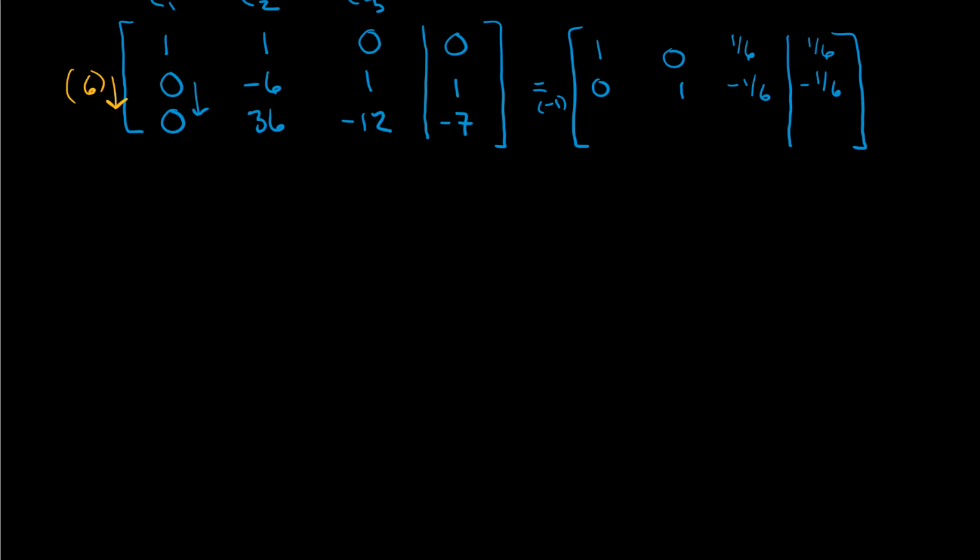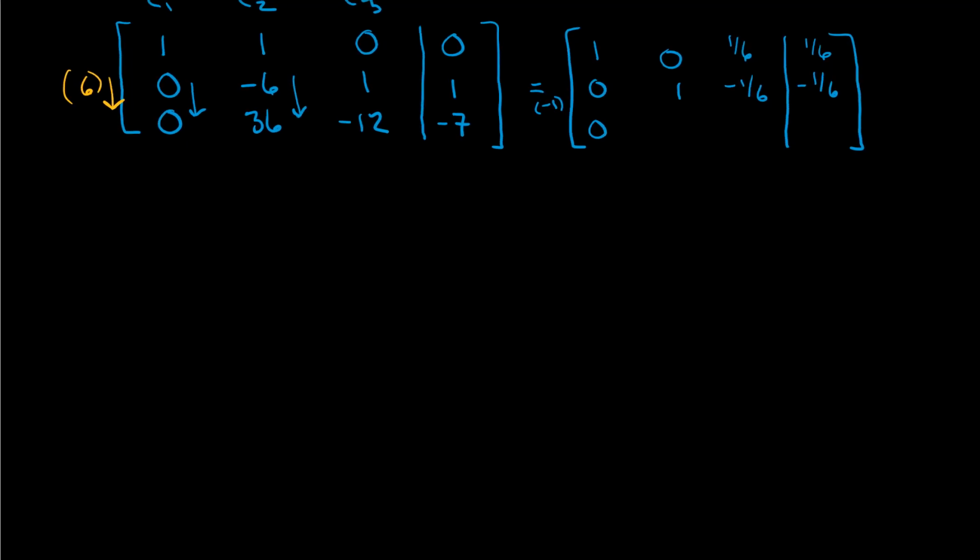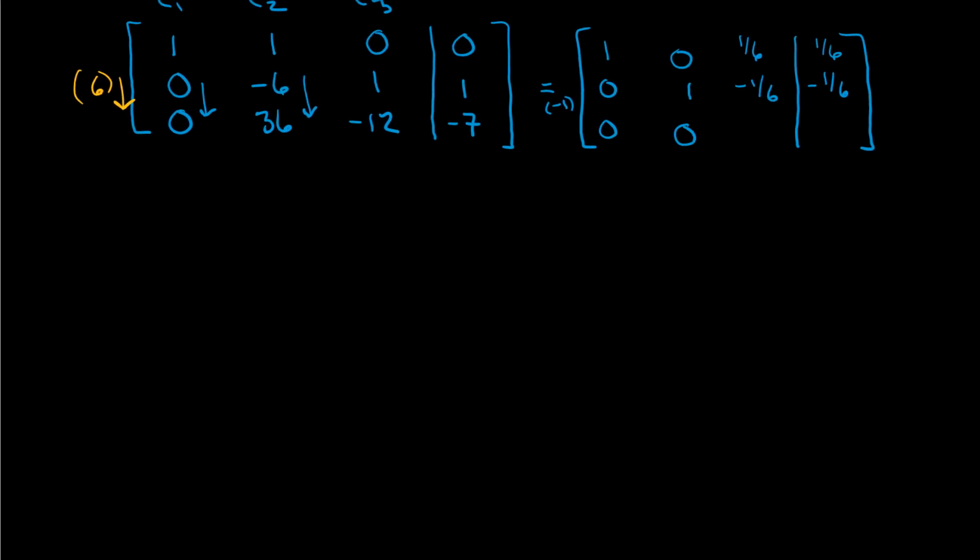So I have a 0 plus 0 is 0. I'm going to have a minus 36 plus 36 is 0. Then I'm going to have a 6 minus 12 is a negative 6. Then I'm going to have a 6 times 1 is 6. Minus 7 is a negative 1. Okay, so that's got that all cleaned up.